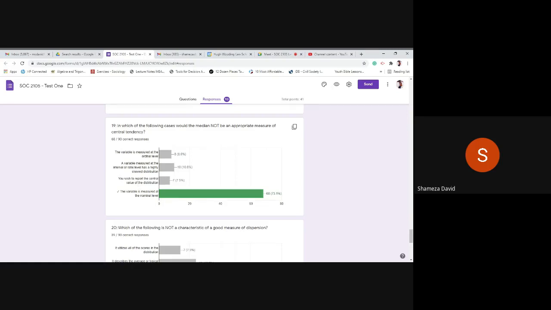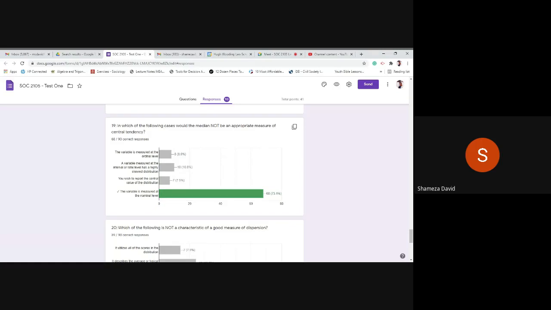If you wish to report the central value of the distribution, you will use the median, because the median is always at the center. If the variable is measured on the ordinal level, you can use the median, because the median works for ordinal data.